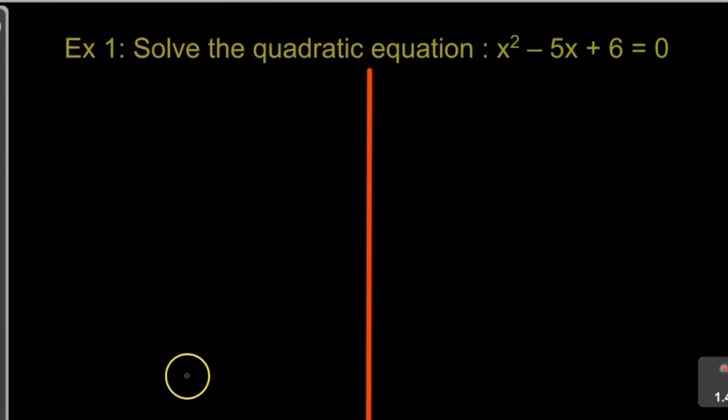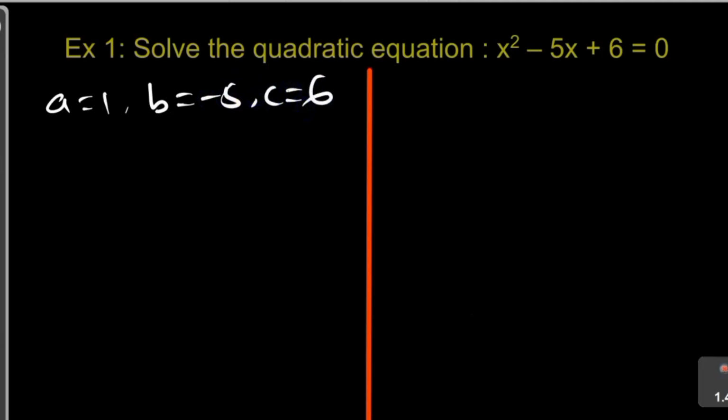In this problem, x squared minus 5x plus 6, our a is equal to 1, our b is minus 5, and our c is 6. We want to get the value of M. Remember, M is equal to minus b over 2a.